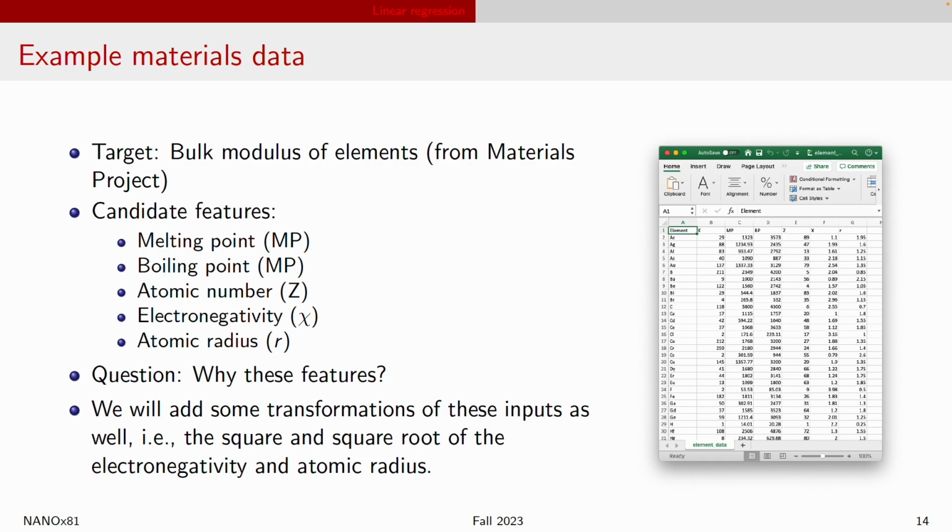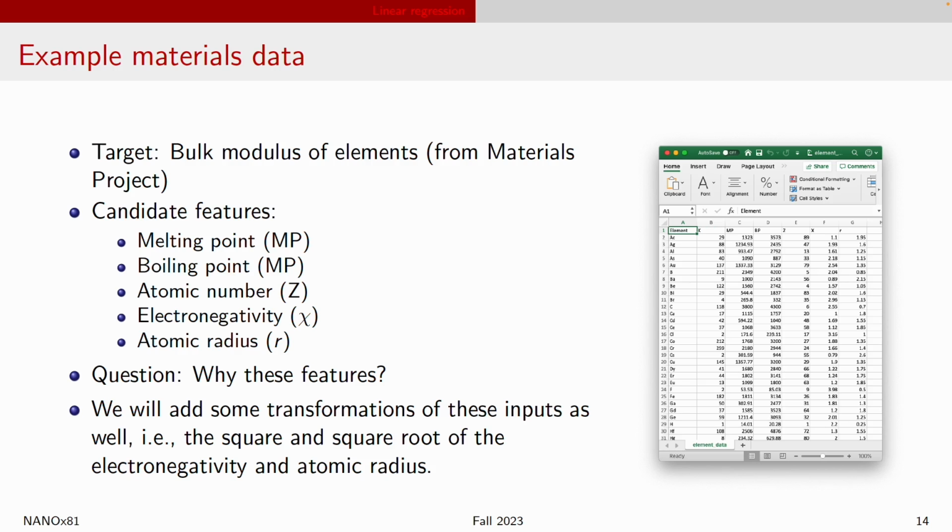The strength of the bonds between the atoms is also related to the bulk modulus of a material. The bulk modulus is how much the volume changes when you apply a pressure on the material. That is also a measurement of the bond strength. So for things like melting point and boiling point, we have some reasonable basis for a relationship.